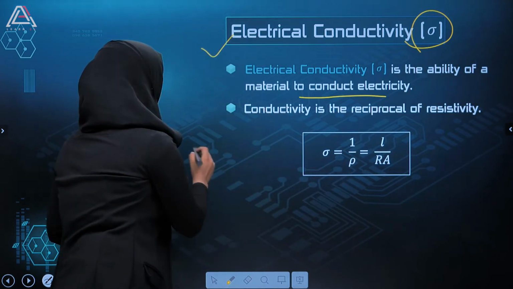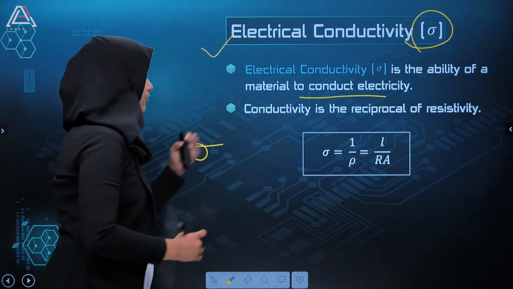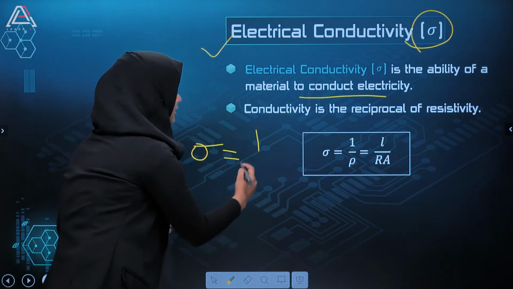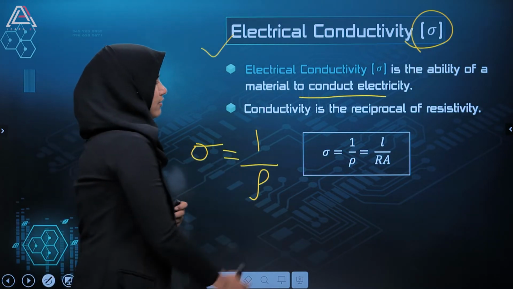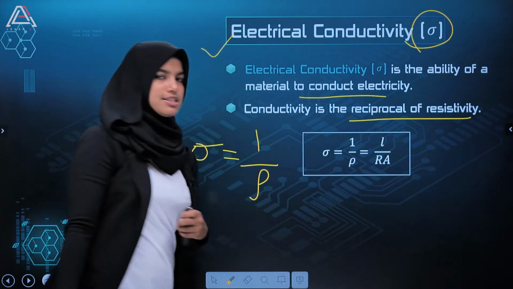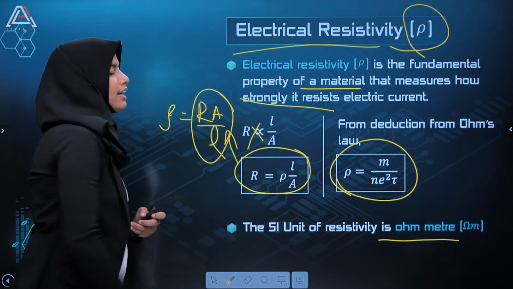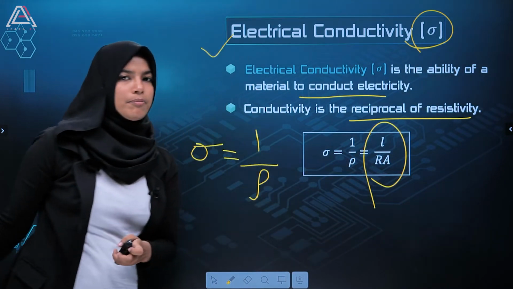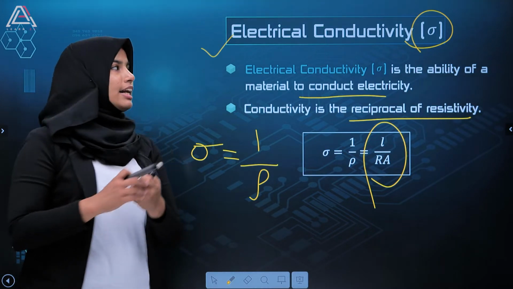So when resistivity increases, conductivity decreases. If conductivity is increased, resistivity is decreased. So we can write that conductivity is the reciprocal of resistivity. So we got here rho is equal to RA by L. So sigma will be L by RA. Clear? So that's all about electrical conductivity.